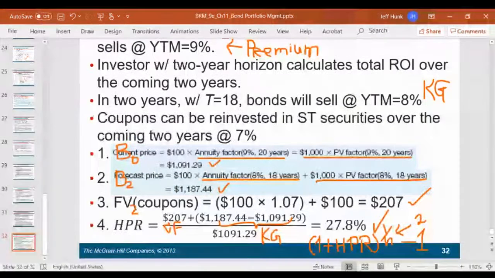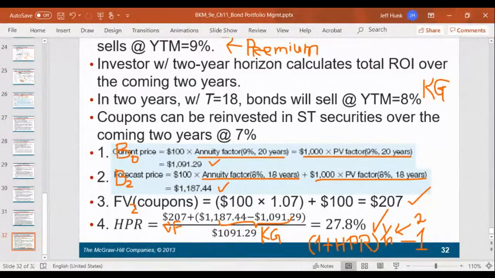So that pretty much explains everything about the active bond management strategy.